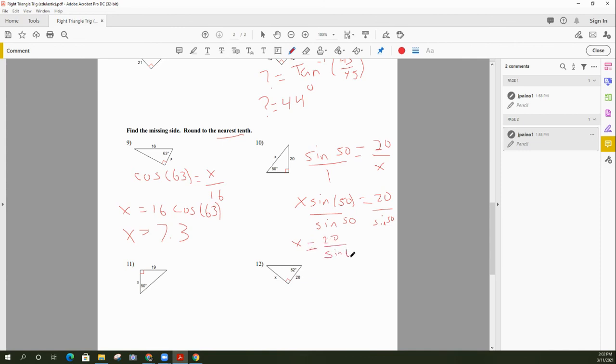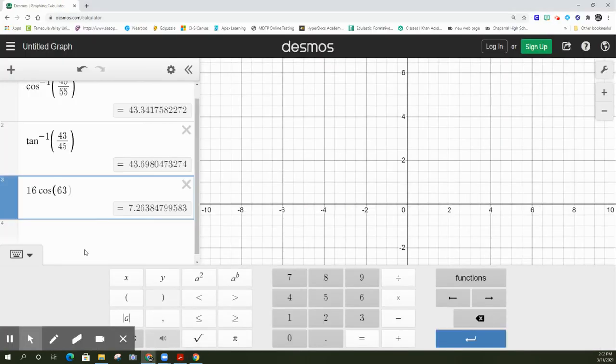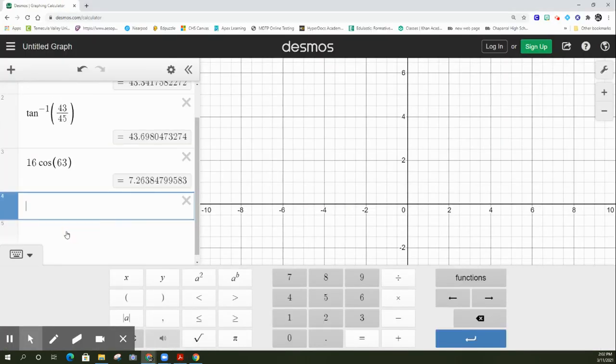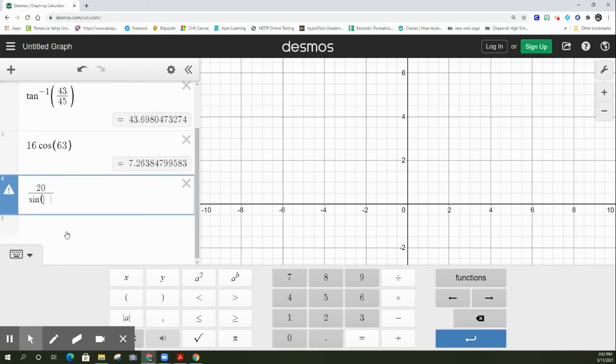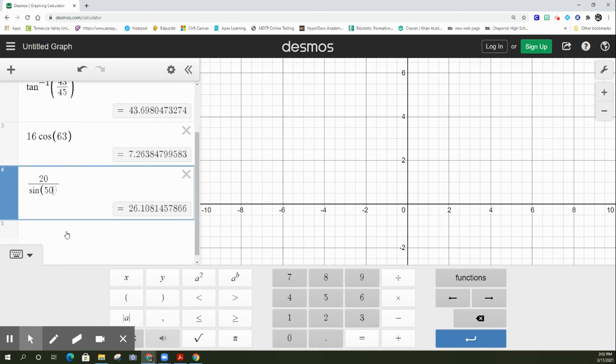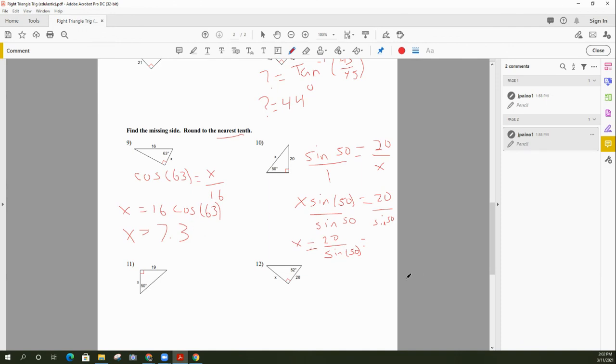Let's switch over to Desmos and type that in. 20 divided by sine 50 is 26.1. And so that is my answer. x equals 26.1.